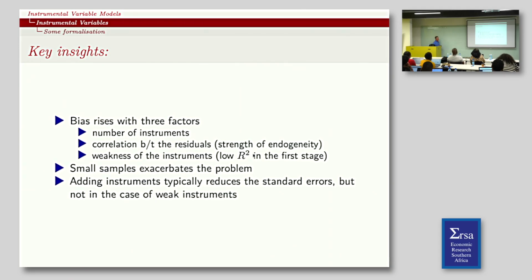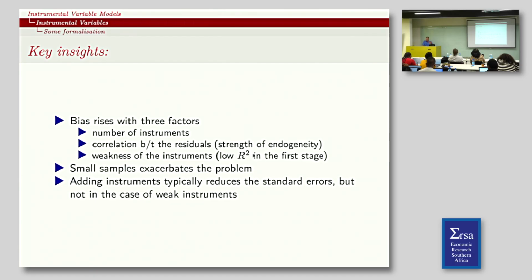That's the low R squared in the first stage. Stock and Watson argue that if you don't have an F stat of around 10 or more, then your first stage is too weak. But yeah, small samples make this worse. And adding instruments typically reduces the standard errors, but that doesn't actually work if you've got weak instruments.